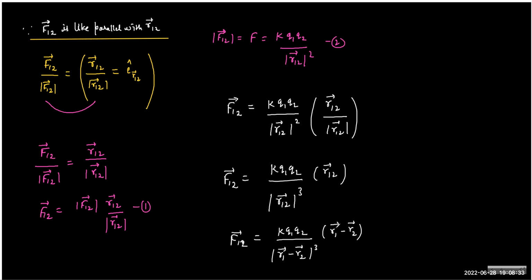Yeah. So because you know R1, R2, Q1, Q2, this is the answer. This is the vector form.